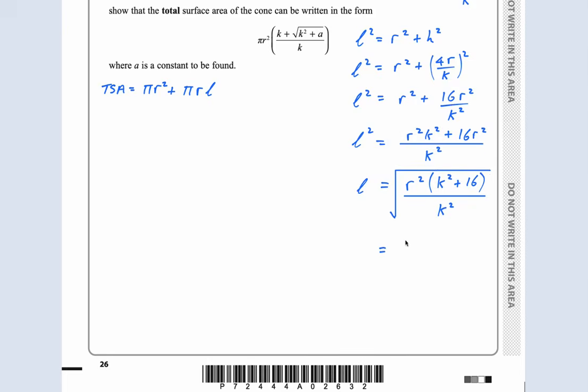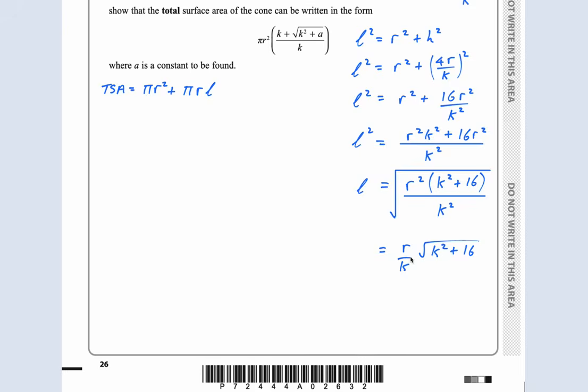I can't do k plus 4 obviously, guys, because it's 2 terms, but I can square root r squared into r, and I can square root k squared into k, and then I'm left with the square root of k squared plus 16. So just to be clear, the square root of r squared is r, the square root of k squared is k, so they come outside the square root, and then I'm left with k squared plus 16 within the square root.